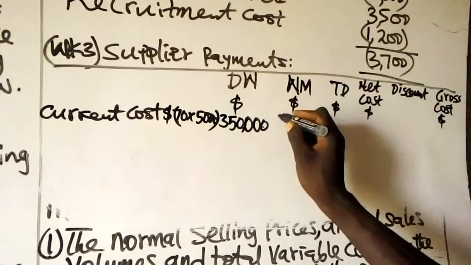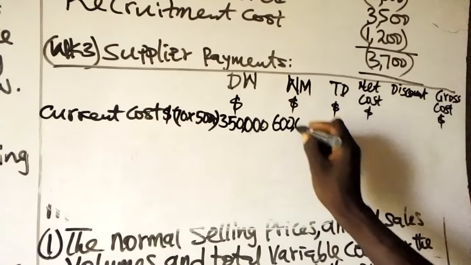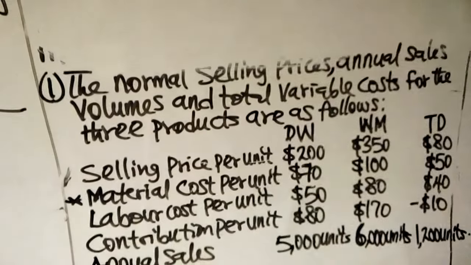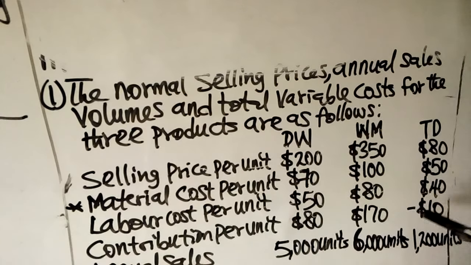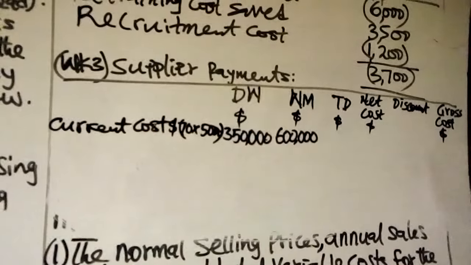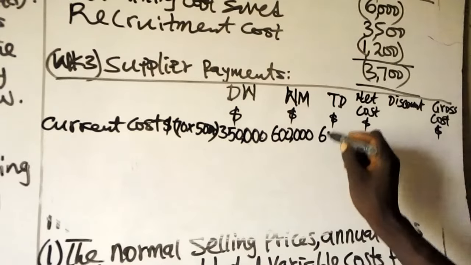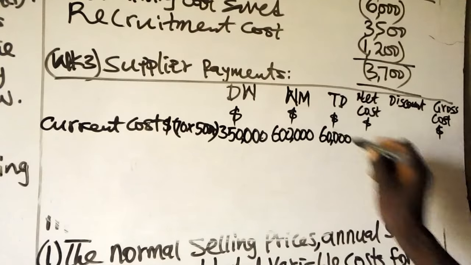For TD, we have 50 times 1,200, and that will give us 60,000.